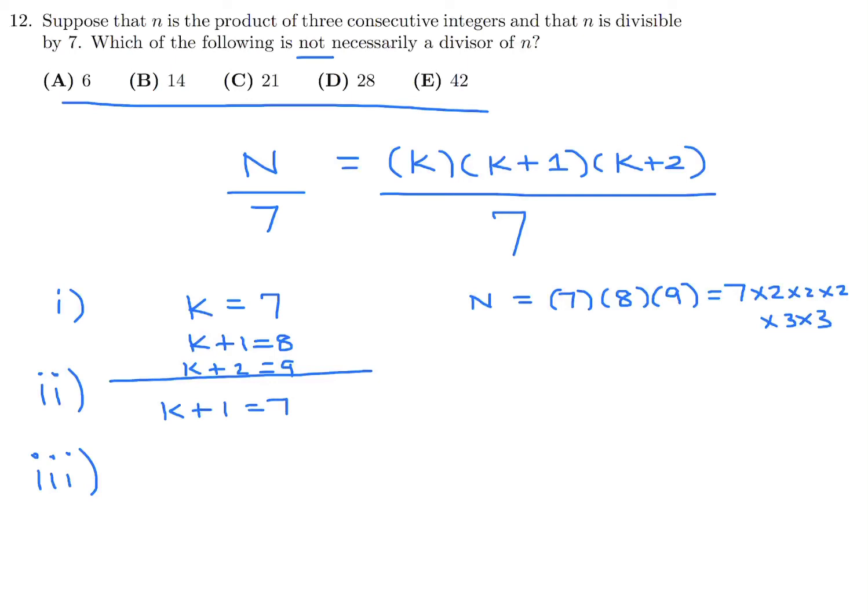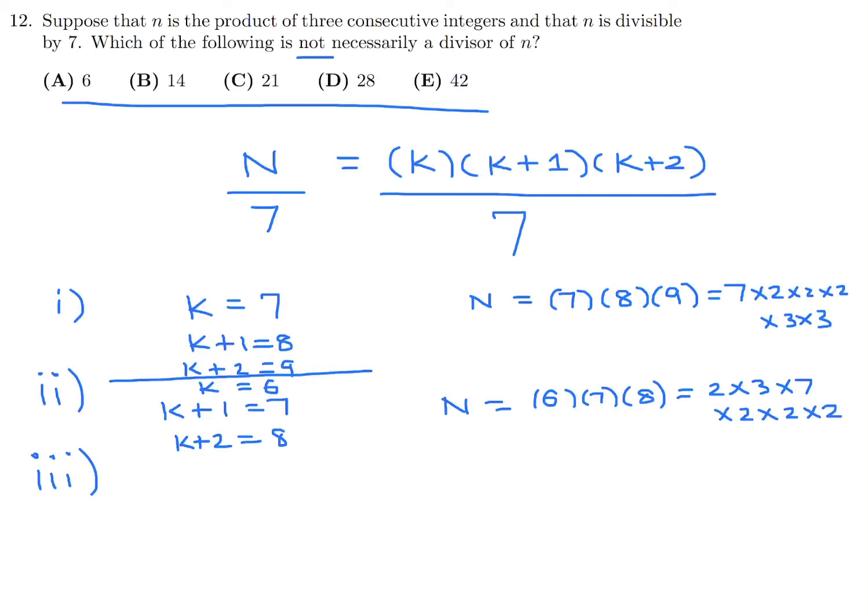So that means that k is equal to 6 and k plus 2 is equal to 8. So now n will be 6 times 7 times 8. And this breaks down into 2 times 3 times 7 times 2 times 2 times 2, like that.